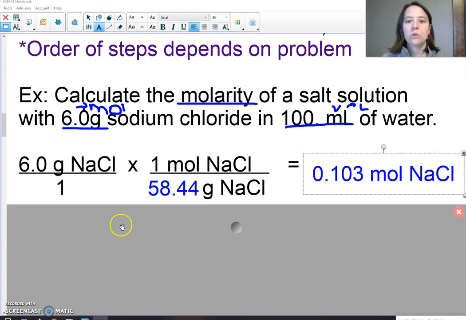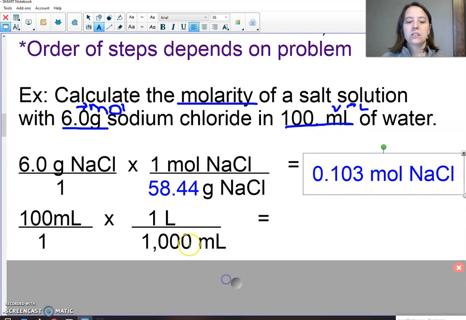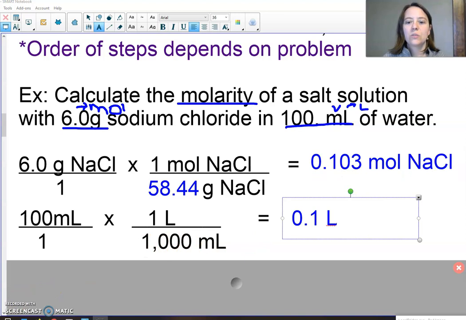So if you had said the molar mass of sodium chloride is 58.44 grams, and that the number of moles of sodium chloride was 0.103 moles, then you would be correct. So then the next step is we're going to have to convert our volume into liters. So we're going to take 100 milliliters and convert that into liters. So if you had said 0.1 liters, then you would be correct.